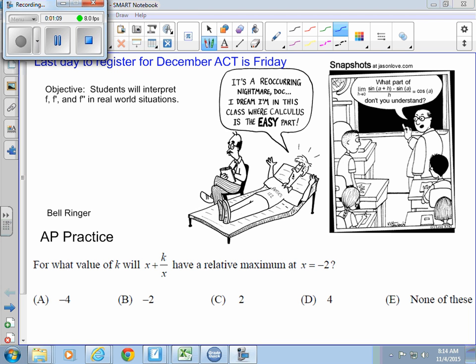Okay, so for what value, this has nothing to do with application, just an AP practice problem, of k will x plus k over x have a relative maximum at x equals -2. So that's some function f of x. If it has a relative maximum at x equals -2, what could we do?